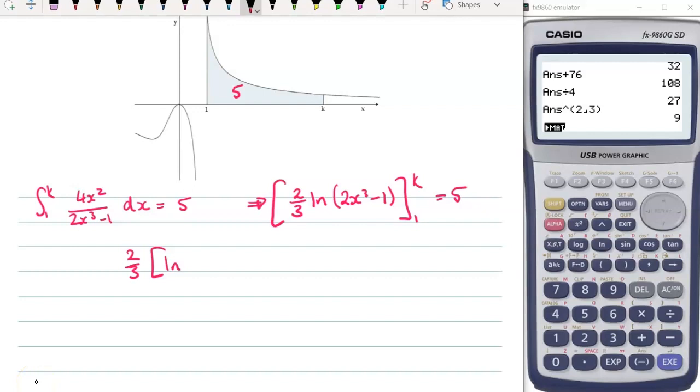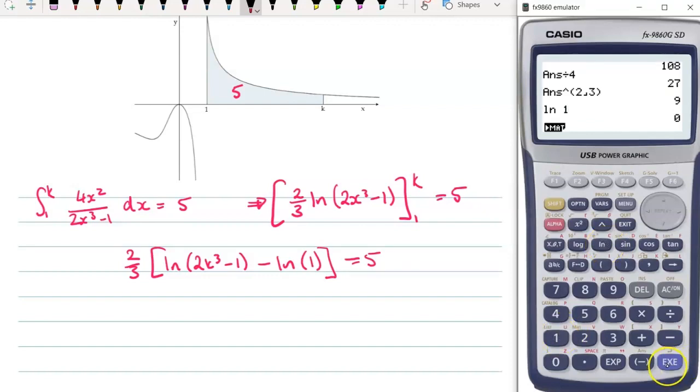So we're left with log of 2k cubed minus 1 minus log of 2 times 1, which is 2, and then minus 1 is 1. Now, log of 1, if you pop that in your calculator, you'll see it's just equal to 0.